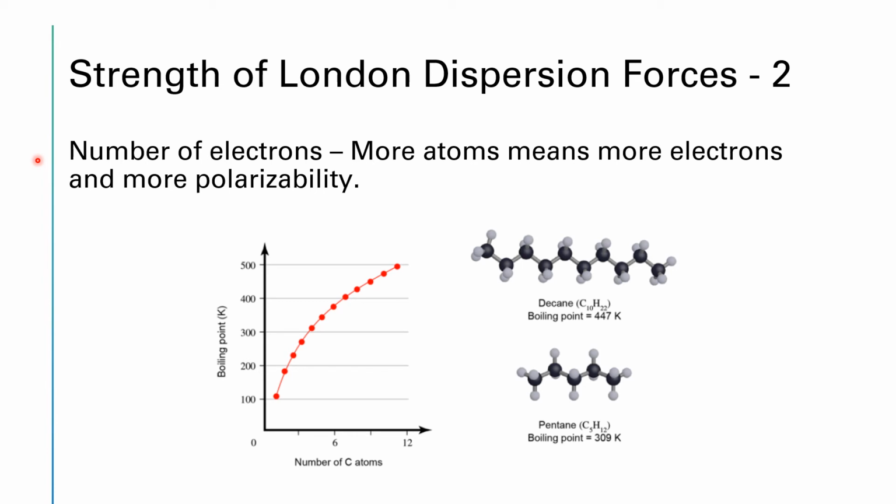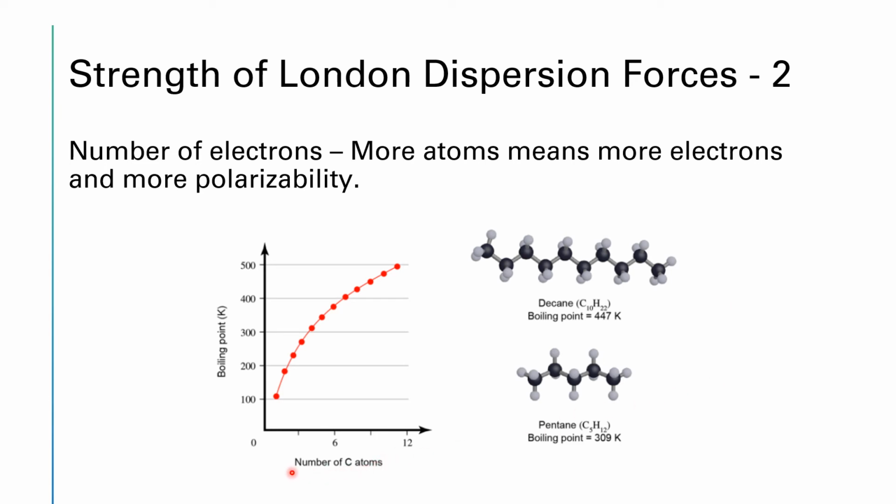So for instance, if we were to compare pentane, which has a chain of 5 carbon atoms and an additional 12 hydrogens, versus decane, which has 10 carbon atoms and 22 hydrogens, the boiling point of decane is going to be much higher because we have a lot more electrons in decane than we do in pentane, and so those London dispersion forces are much stronger.